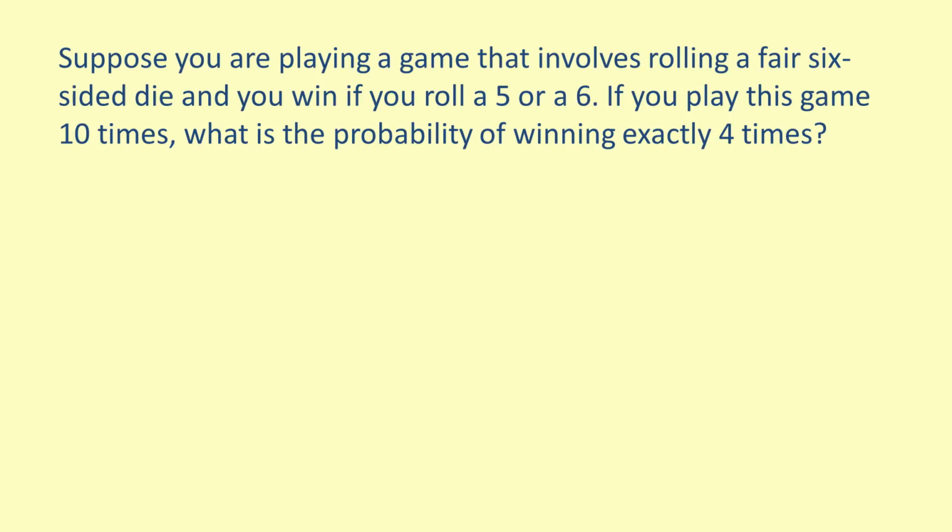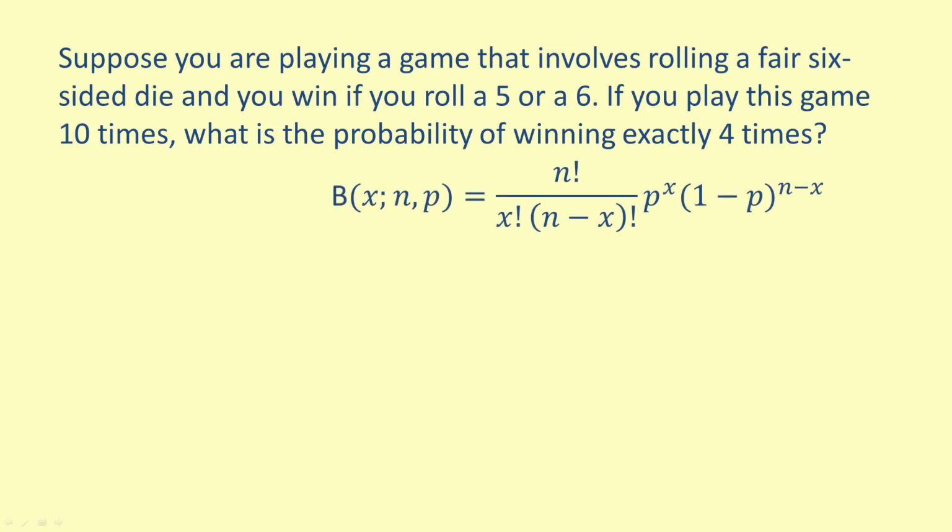Let's look at a problem involving binomial probability. Suppose you are playing a game that involves rolling a fair six-sided die and you win if you roll a 5 or a 6. If you play this game 10 times, what is the probability of winning exactly 4 times? For reference, we'll redisplay our binomial probability formula here.